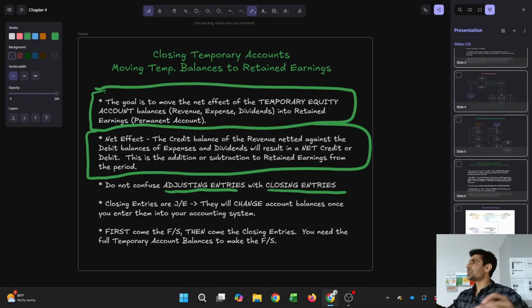Closing entries are just a bookkeeping thing. We're just moving balances around. There are no transactions, no economic event happening in our business. We're moving revenues, expenses, and dividends into retained earnings, and we'll see how that's done in a second.